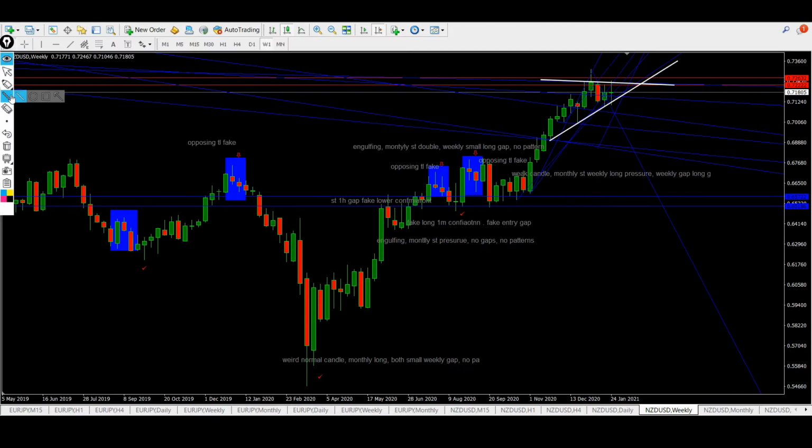So if we could take this short at this level, what we want is for weekly price to break out of this trend line down or surpass it, because then it's going to shift the power balance and this downward trend line will be stronger, right? So that's another thing we also want to be looking out for.